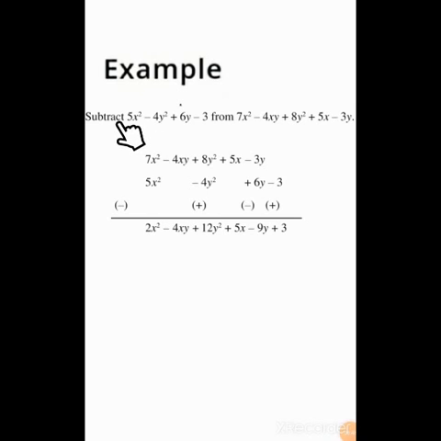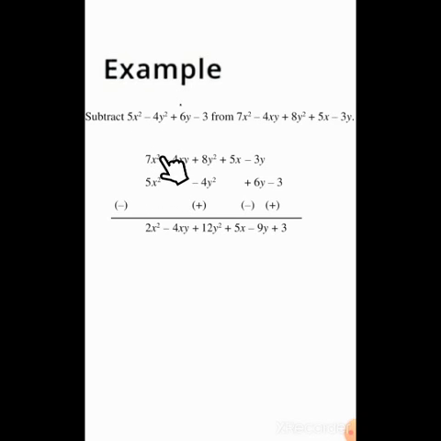Now subtract. How do we subtract each expression? Subtract 5x square minus 4y square plus 6y minus 3 from 7x square minus 4xy plus 8y square plus 5x minus 3y. You already know that we have to put each variable in its own column.